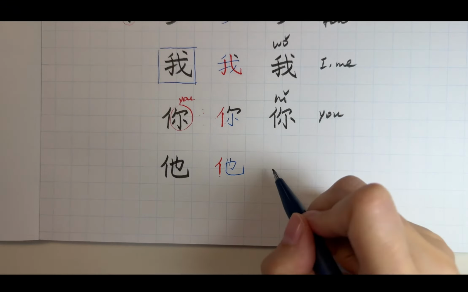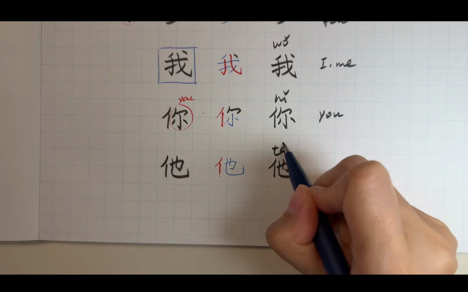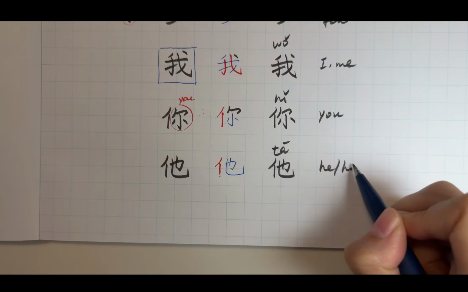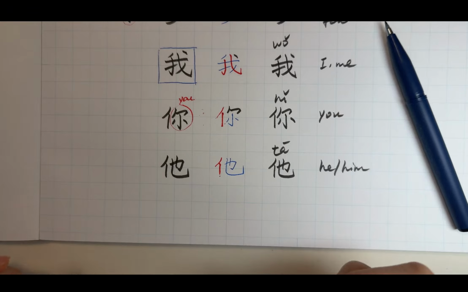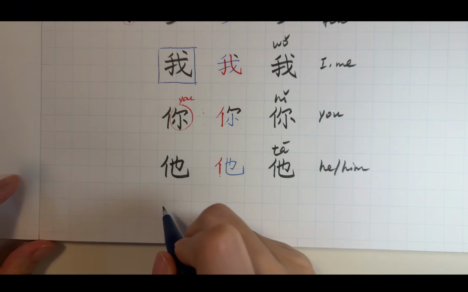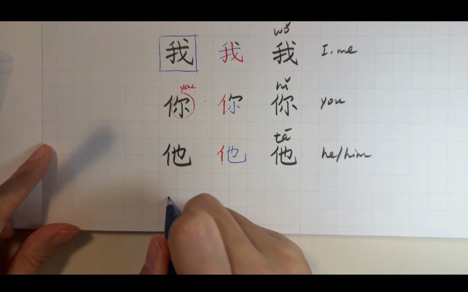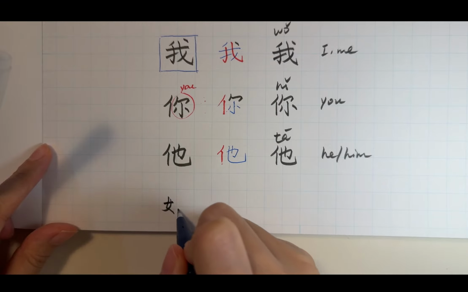So that is 他. 他 means he or him. And if you want to change to she or her, we just change the radical. The woman radical, followed by the same part.